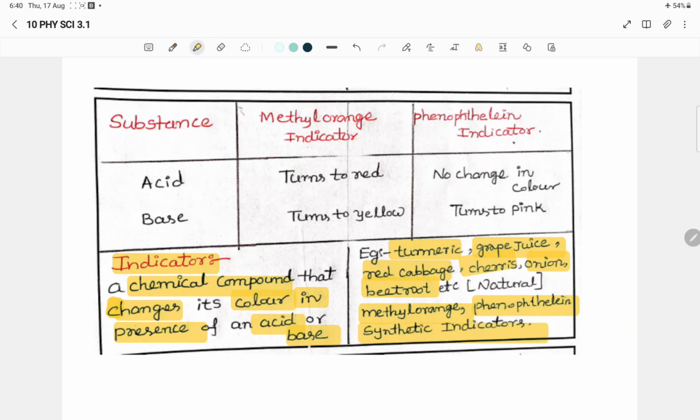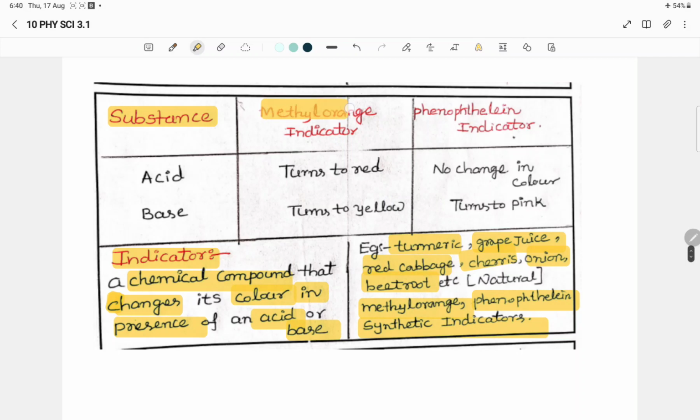See here, they gave two synthetic indicators. First one is methyl orange, second one is phenolphthalein. Now observe the substance table, with methyl orange indicator and phenolphthalein indicator. When 2 drops of methyl orange indicator are added to acids, the color of the acid turns to red.